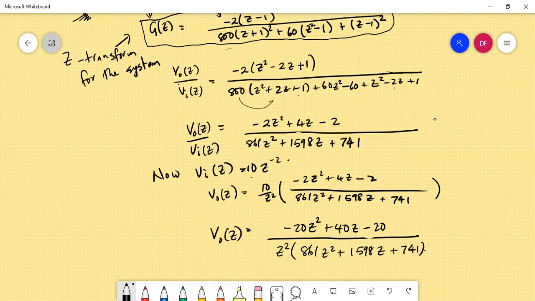So this is what my output would look like, and this is what we said the output would look like. I would be very surprised if this can be factorized.